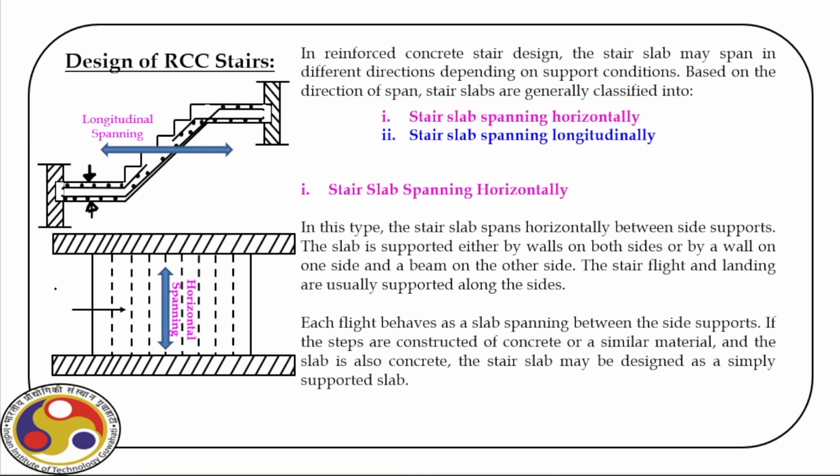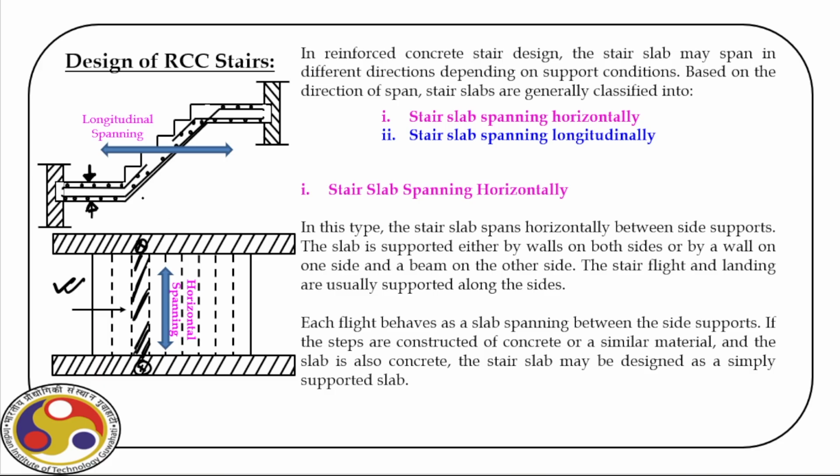The first one is here, where each step is supported by the walls on either side of the stair. This is what is called horizontal spanning. For this, each slab acts as a beam supported at the 2 ends, and we can easily design this.